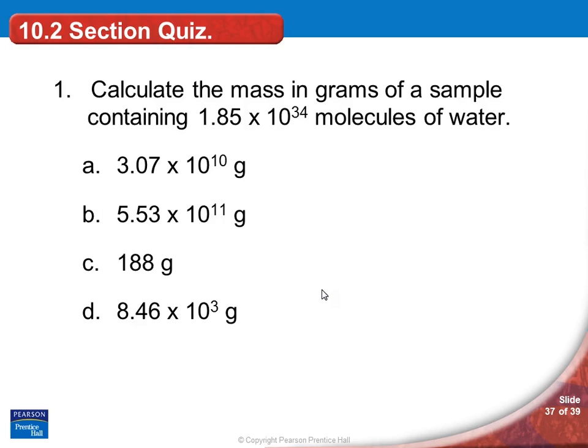Okay. Then what do I do? 18 grams per 1 mole. Moles cancel, molecules cancel, take grams out. All right, so that's B. Okay, let's move on to the next one.